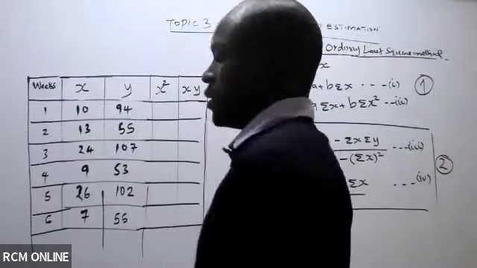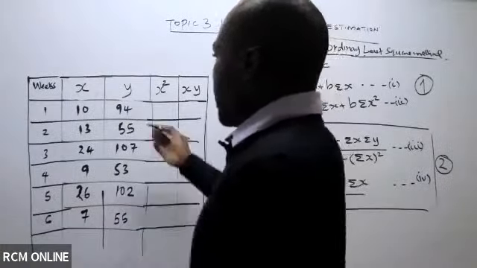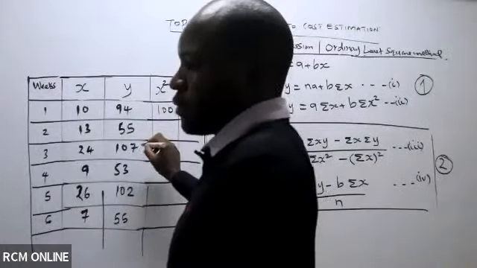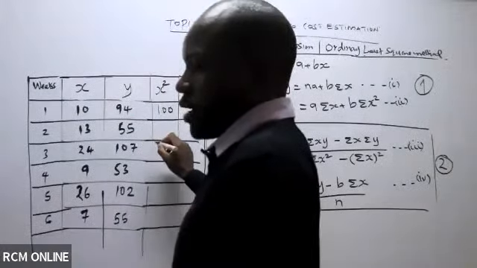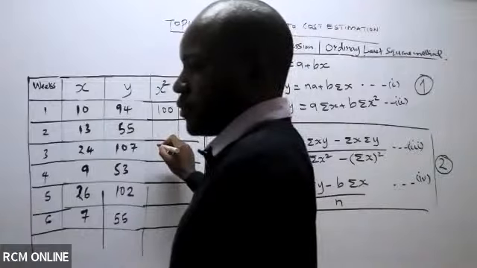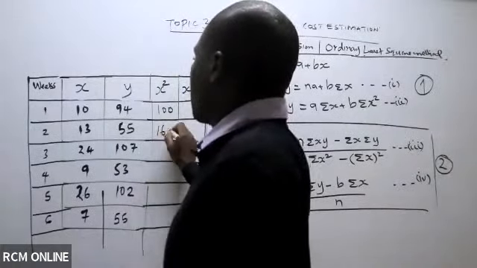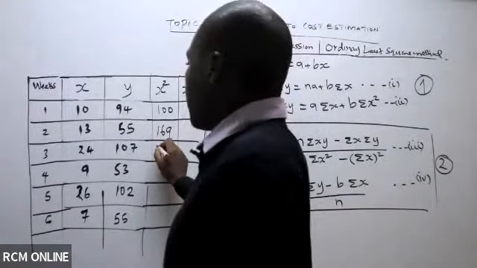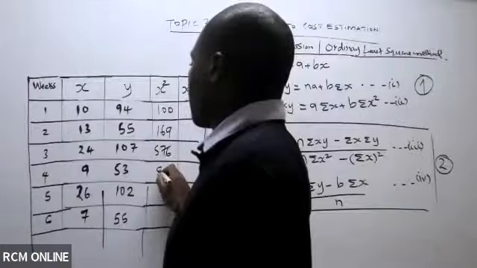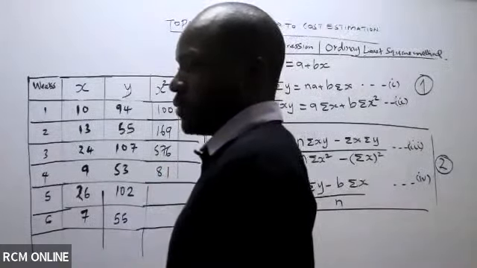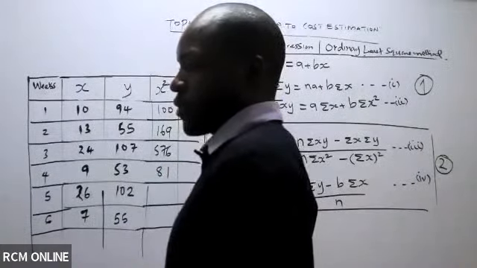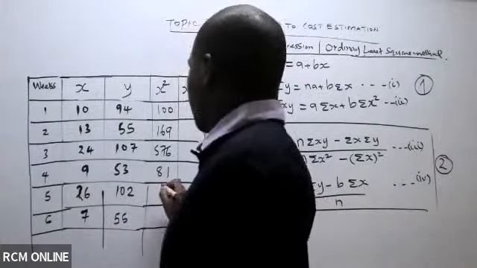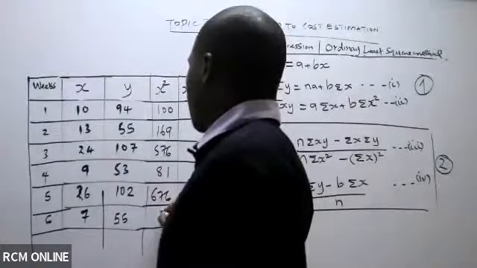So x squared: 10 squared will be 100. 13 squared is how much? 169. 24 squared, 576. 9 squared, 26 squared, 7 squared.